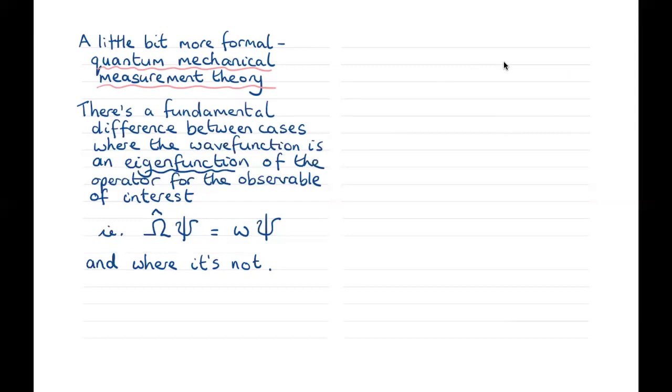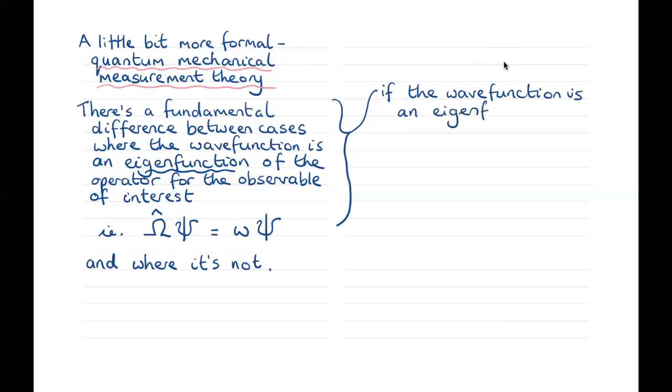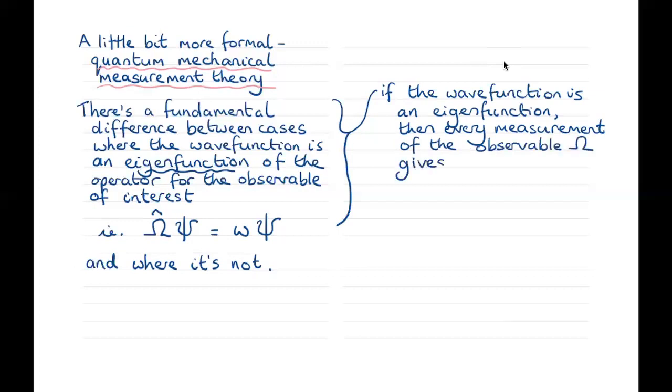And in the case when the wave function is an eigenfunction, then every measurement of the observable, omega, gives the same value.